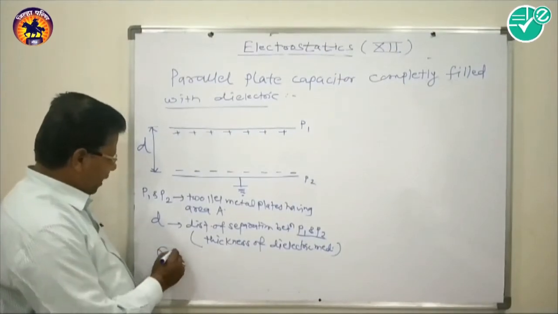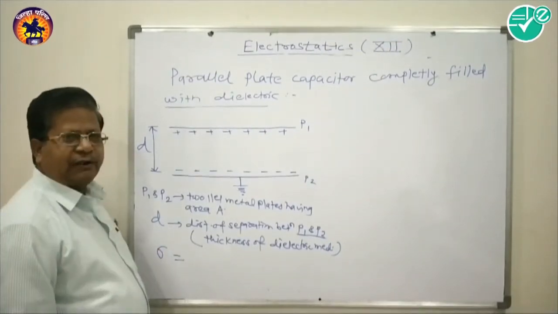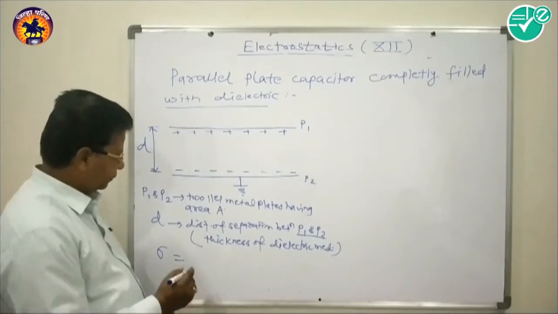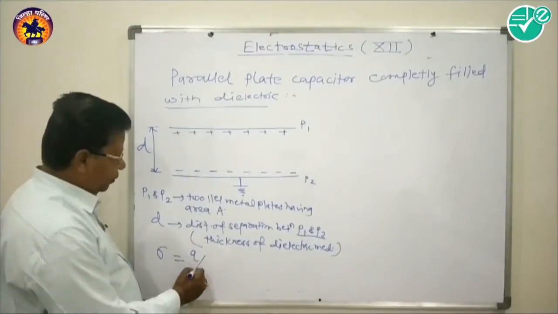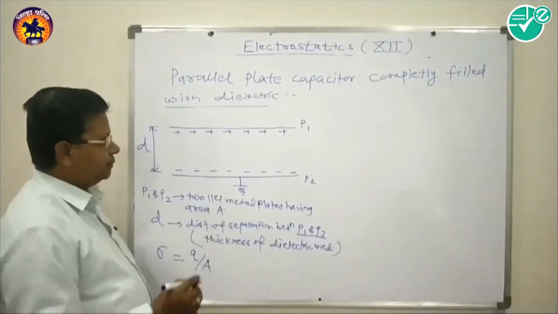Let us suppose that sigma is the surface charge density of the two plates, which is equal to Q divided by A.